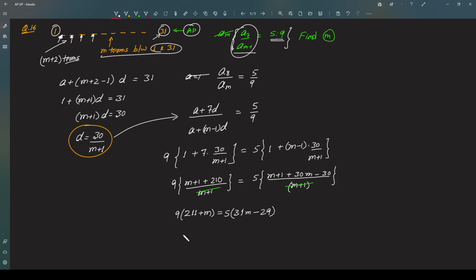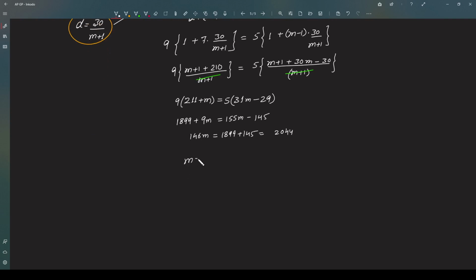So 211 into 9 is 1899, plus 9m, is equal to 155m minus 29 into 5. 29 into 5 will be 30 into 5 minus 5, that is 145. So 155 minus 9, 146m, is equal to 1899 plus 145, which is 2044. So m is equal to 2044 divided by 146.